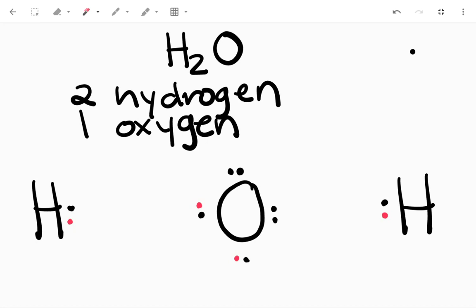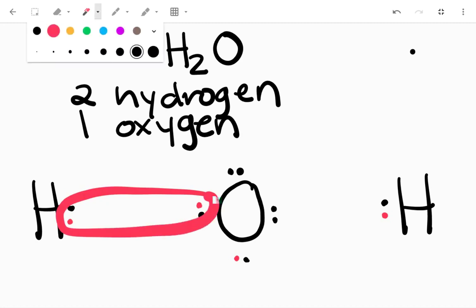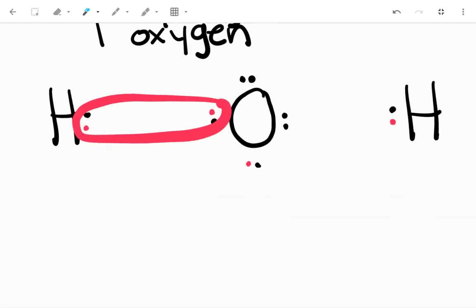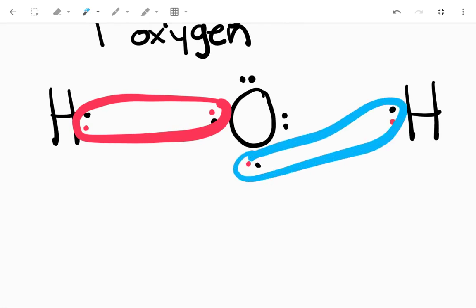Great. So what we can do is share electrons here. 1 right here and 1 right here. So that's going to be a bond. When you move them around, and I will be moving them around, I'm going to change them up.